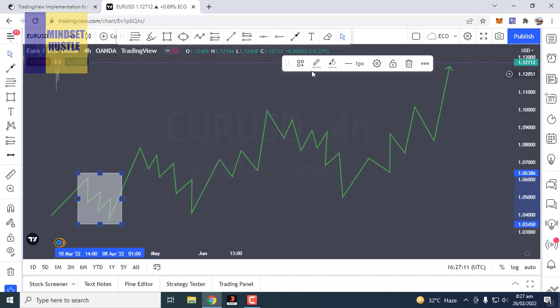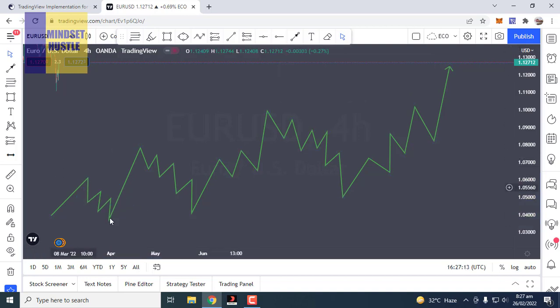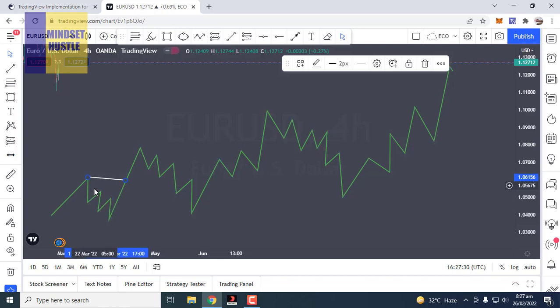But within it you can see the same kind of market structure forming, where we have a series of lows and highs forming within it. But here the main structure is here. So this is an internal structure, a structure formed on the lower time frame that is being depicted on the higher time frame. So we have the structure within.